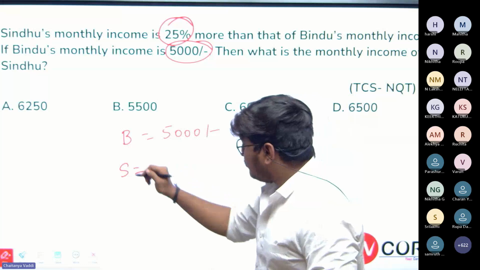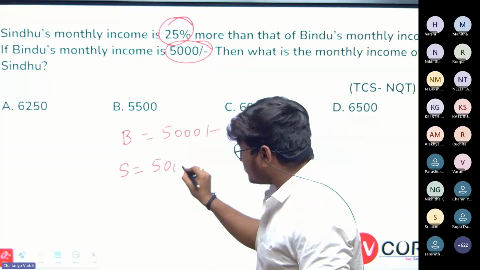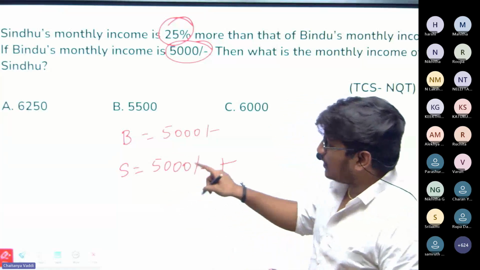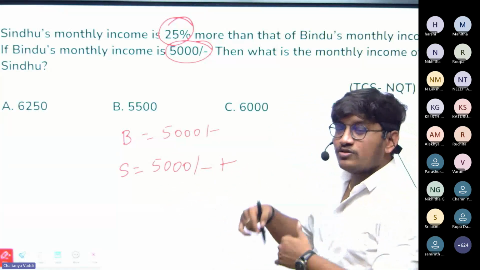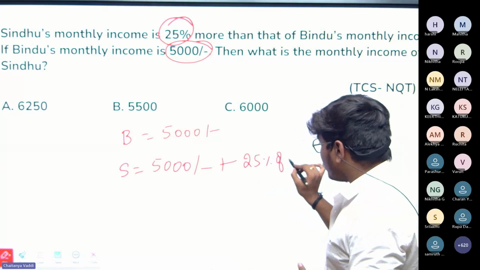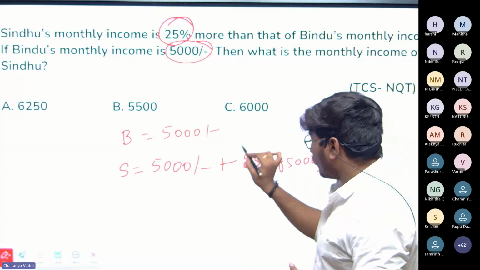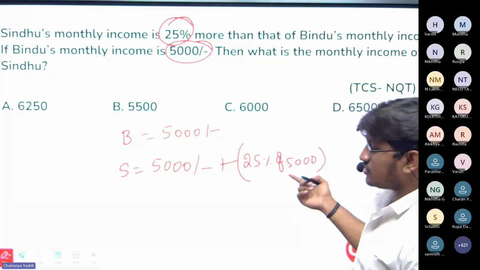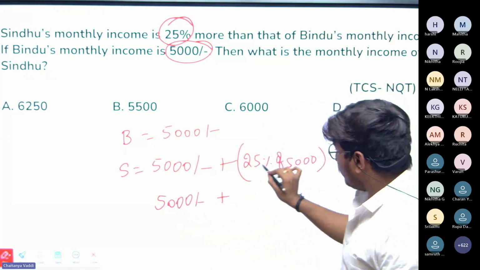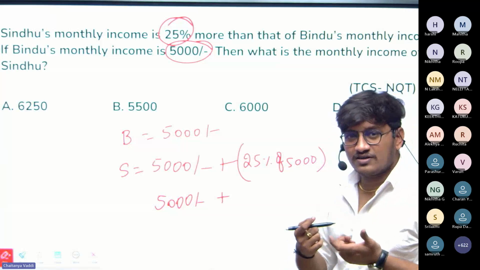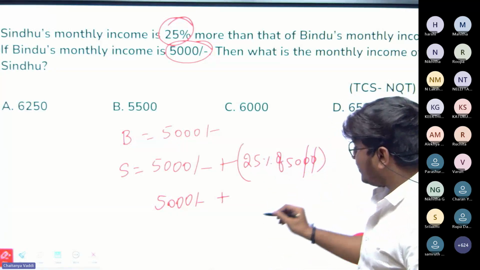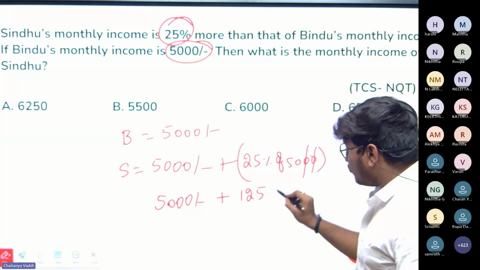So Bindu is getting 5,000 rupees, plus Sindhu's income will be 25% more than what Bindu is getting, correct? So 25% of 5,000. What is 25% of 5,000? Already it is 5,000 plus 25% of 5,000. I said one trick at the start of the class: two zeros eliminated, 25 fives are 125, and one more zero is left out.